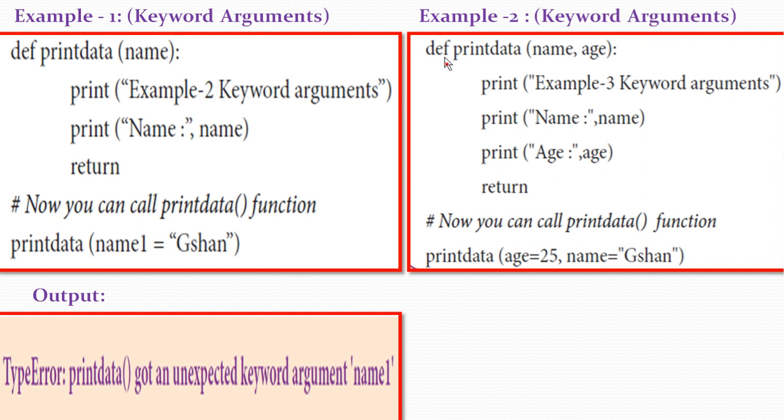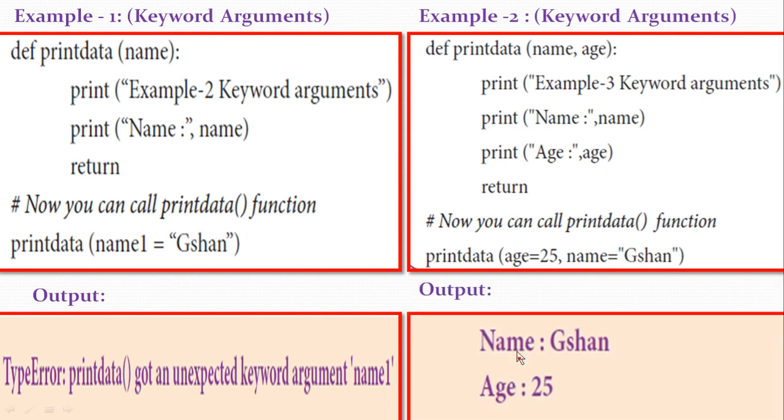Def print data name and age. This is not an error, but we should give the exact names also. Here age, here also age. Here name, here also name. We should give the exact names in the calling section and the user defined function prototype section also. Now we get the result: name Jishan, age 25.